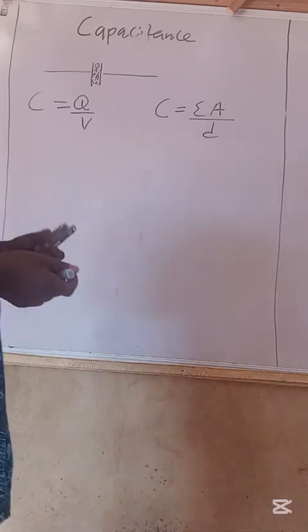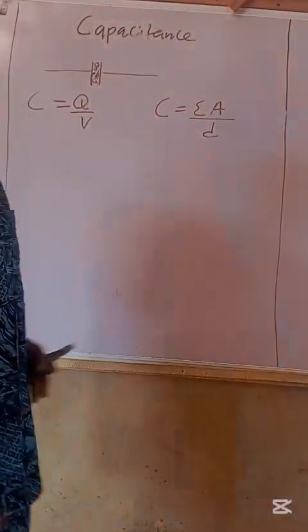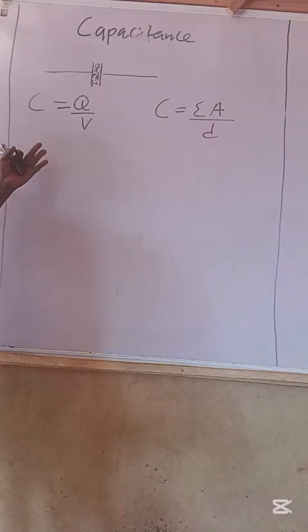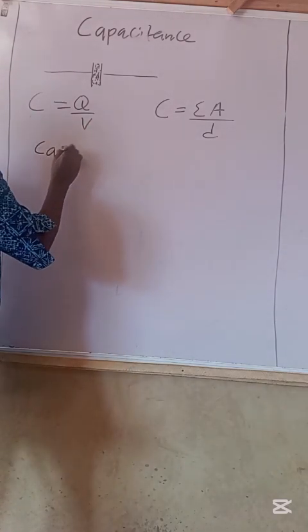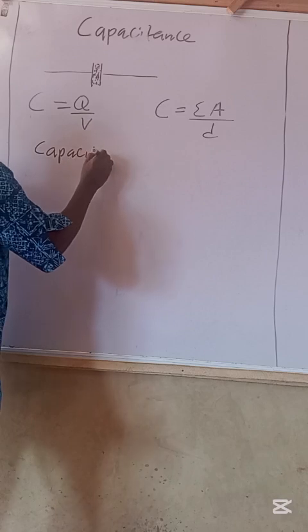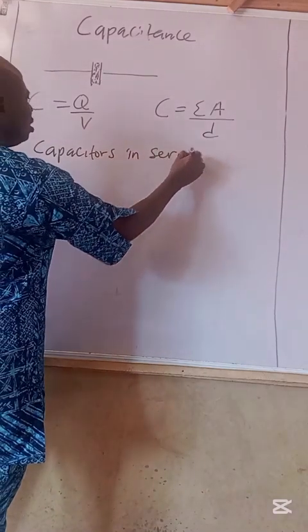Then you know in current electricity we have resistors in series, resistors in parallel. We also have capacitors in series and capacitors in parallel. Let's start with capacitors in series.